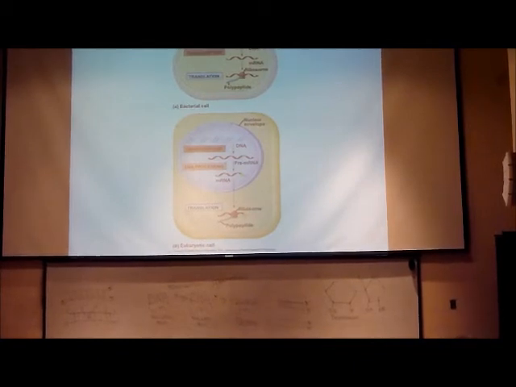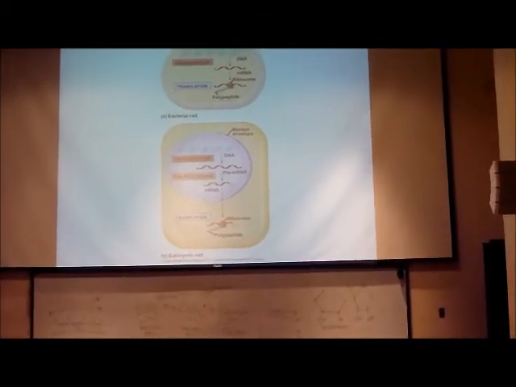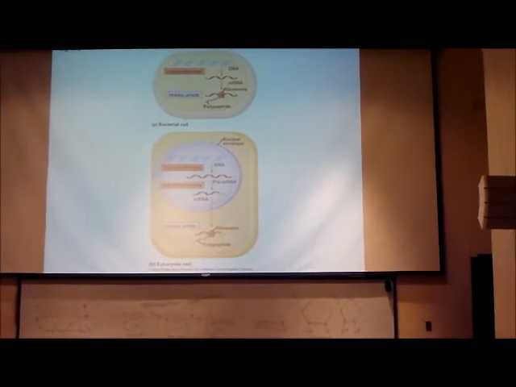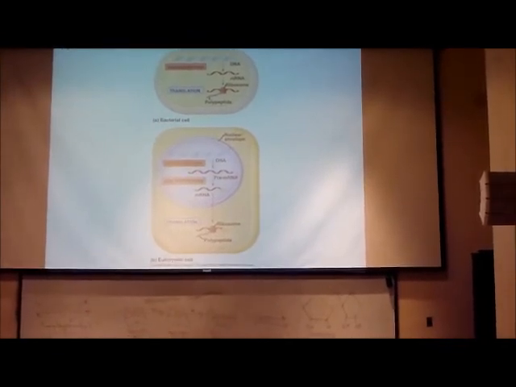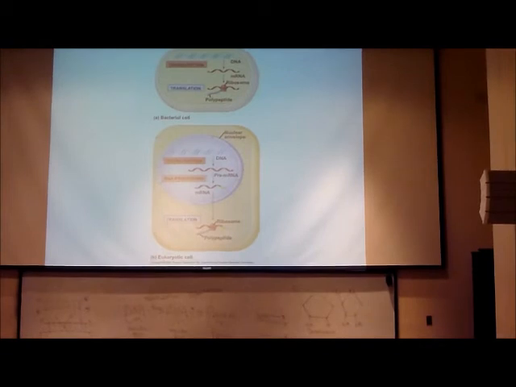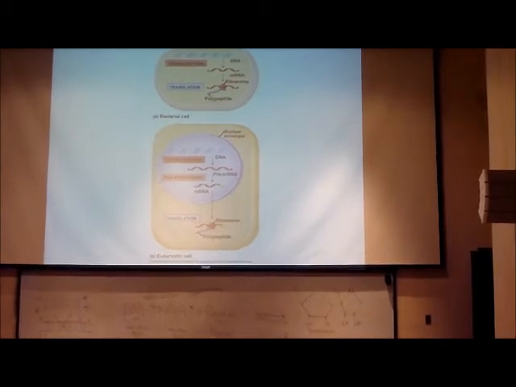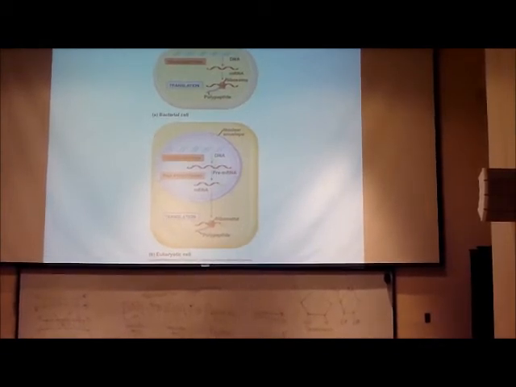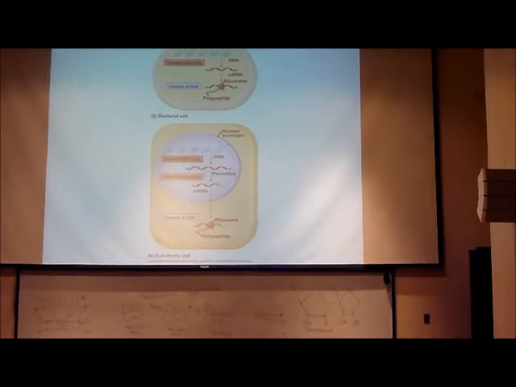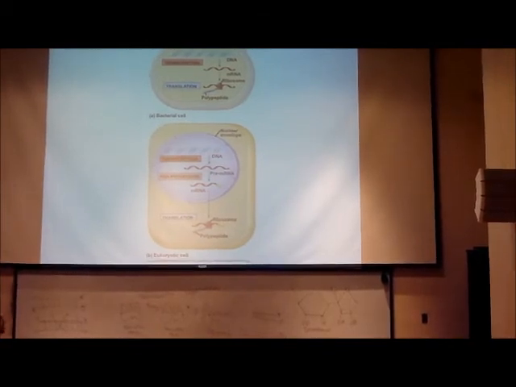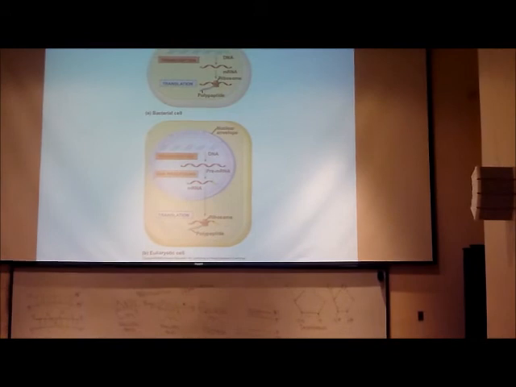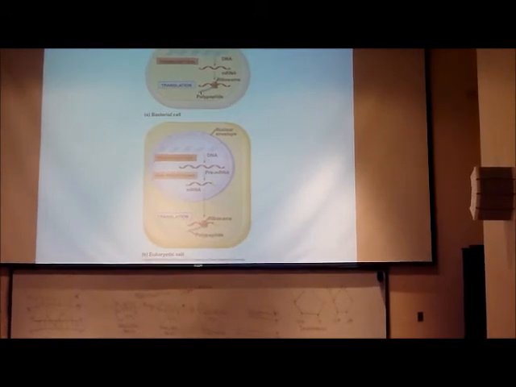However, in eukaryotic cells, we're going to get pre-mRNA made in the nucleus. We're going to process that pre-mRNA to give us our mature mRNA molecule. And only when we transfer it out of the nucleus and into the cytoplasm will we then get translation.